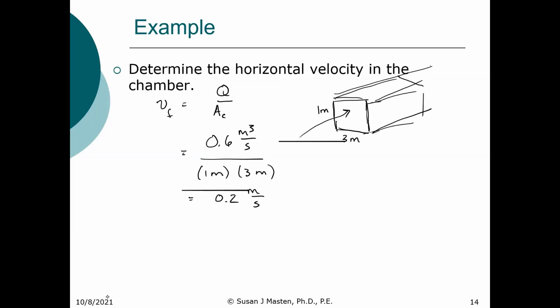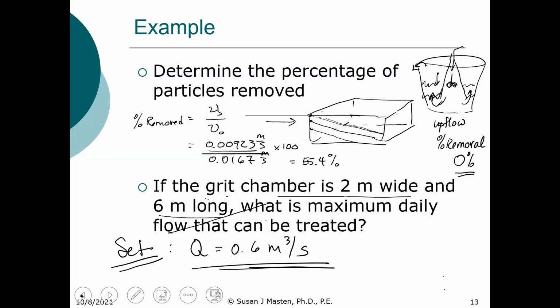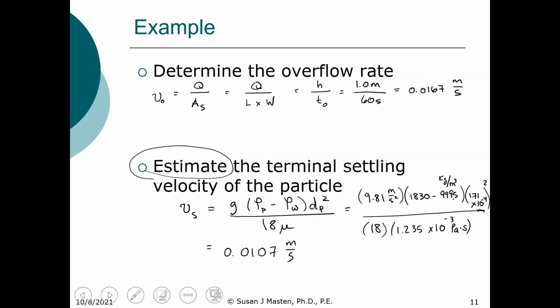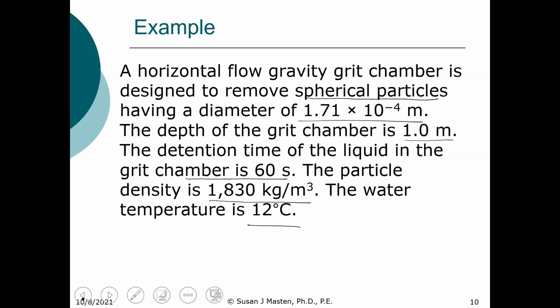This same concept you're going to need in the homework. In the homework, if you have particles of different sizes, here we have particles of one size, but if you have particles of different diameters, same density, and you're asked to calculate the overall percentage of particles removed, how would you do that?